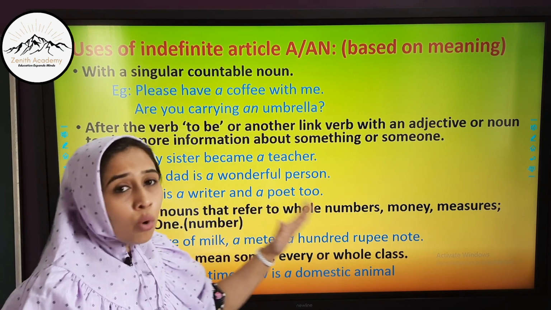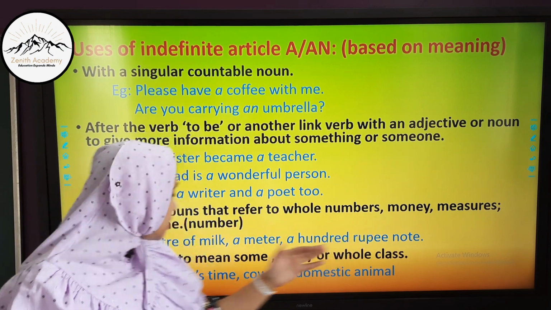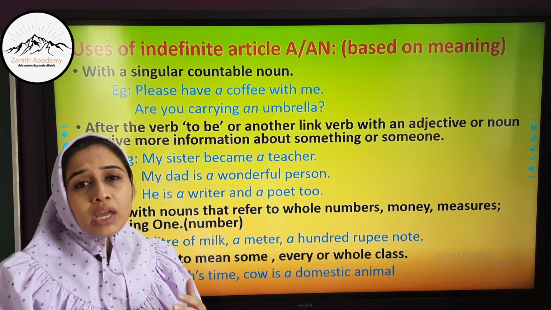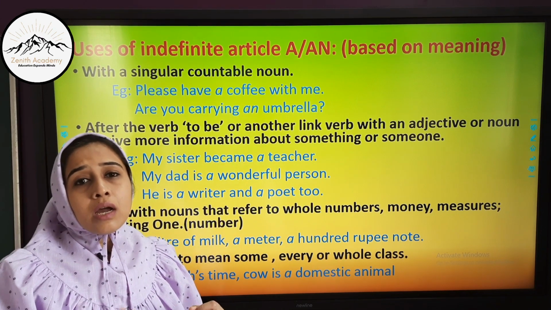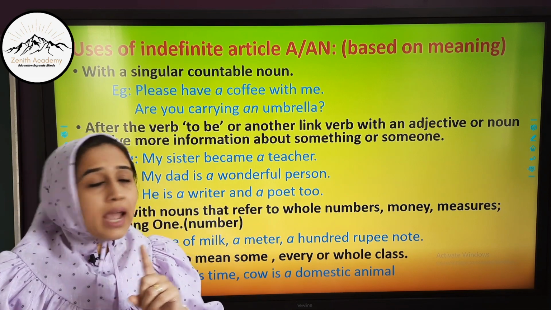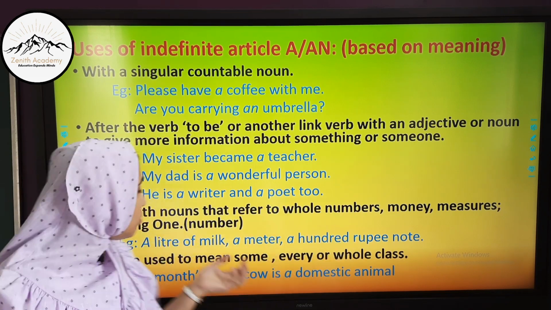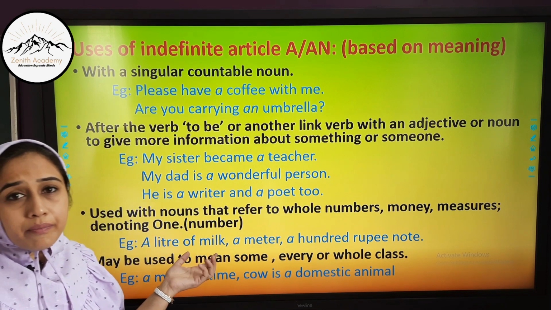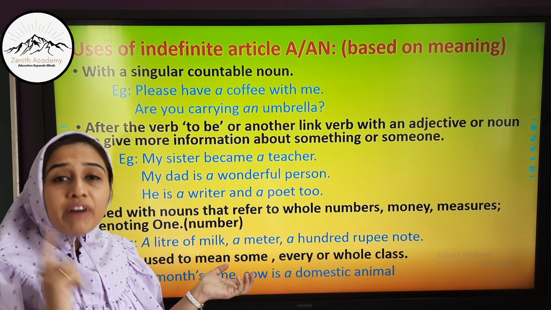It is used with nouns that refer to whole numbers, money, measures, all these quantities. When we are talking about a number of rupees or measuring something, and it has to be one, we use a or an. For example, a liter of milk. You don't need to mention one liter of milk.